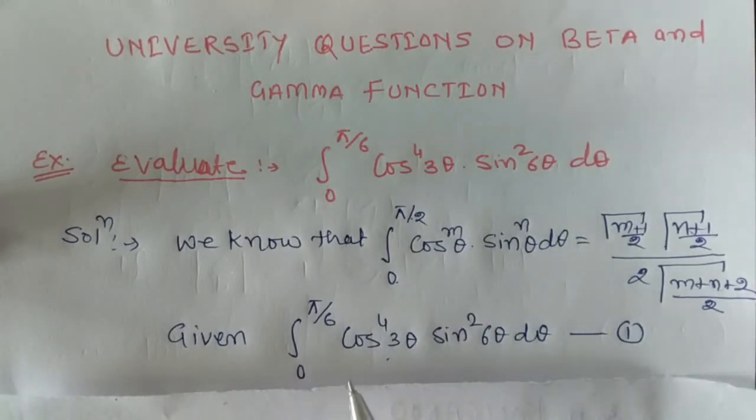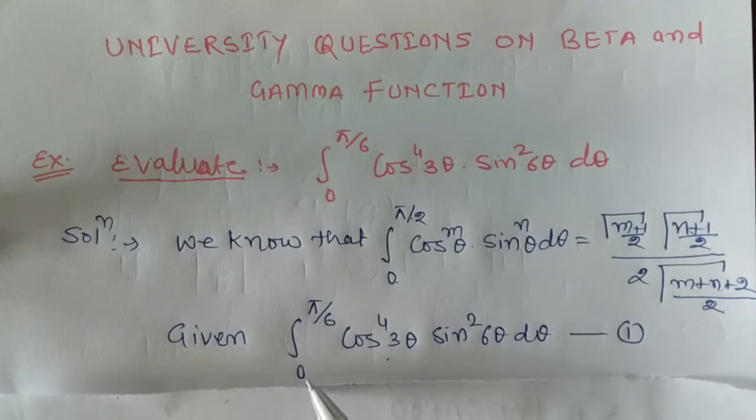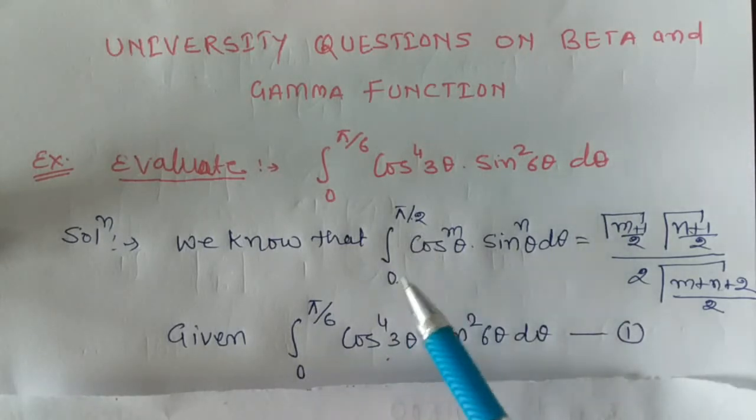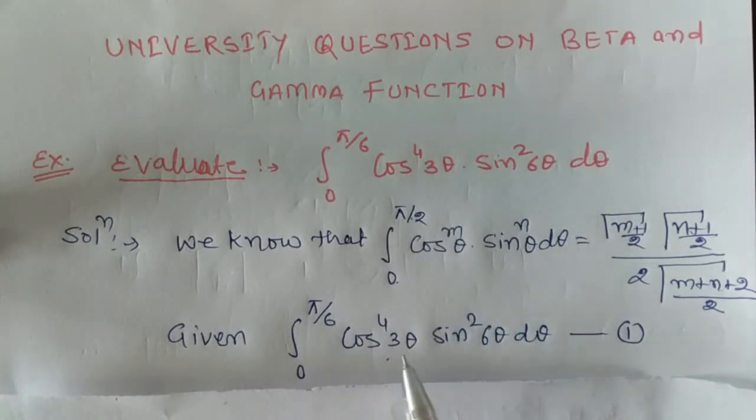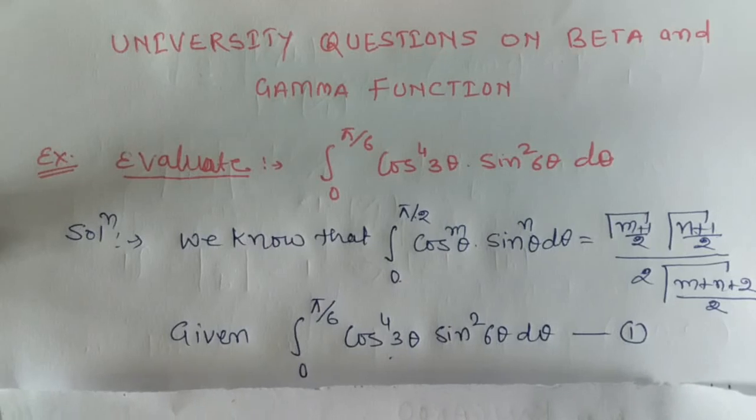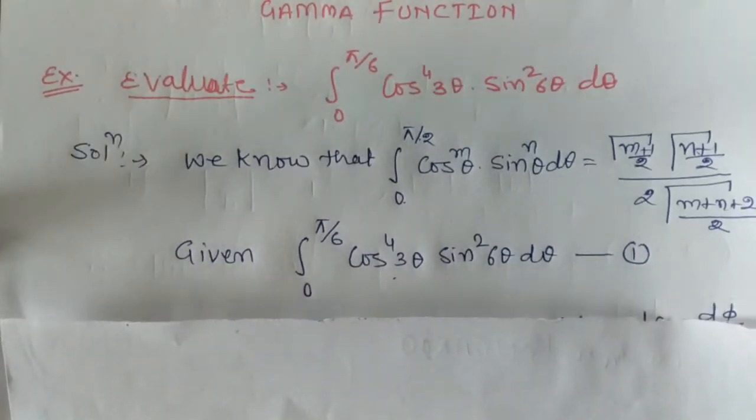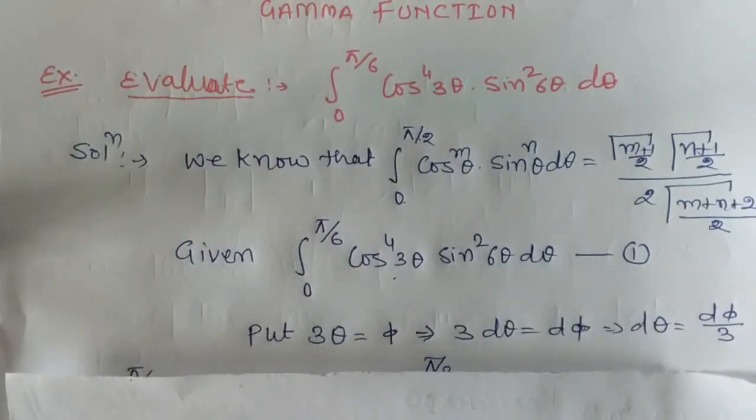So first we convert the limit of given integral from 0 to pi by 6 to 0 to pi by 2, and further we equate the angle of sine and cos, and therefore we use a transformation.